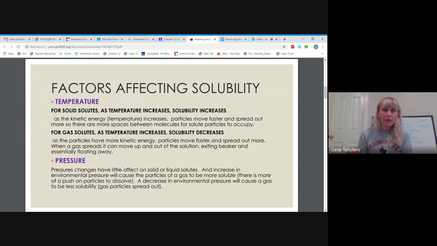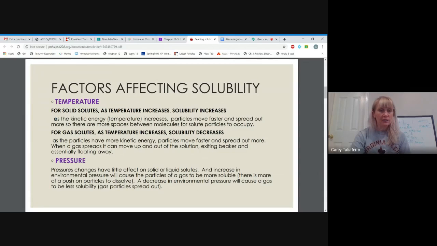Now, what happens as you increase the temperature of your solution? Well, the solubility is going to increase. If you increase the temperature of your solution, the solubility will also increase. So there's a directly proportional relationship there. As temperature increases, the solubility increases.